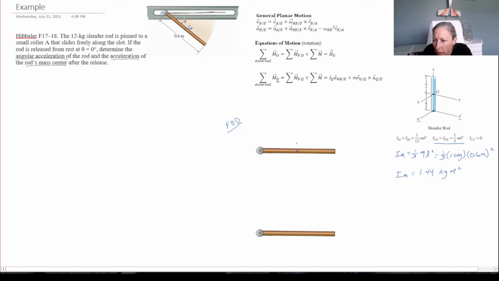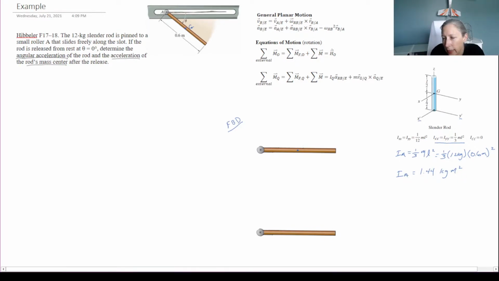We've got the mass center G that we need to work with, and it's going to be moving in the vertical direction. It might move in the horizontal direction as well. So I want something that aligns with this negative vertical direction, and I'm just going to make that my E1 direction. As I said, you can do this however you want.